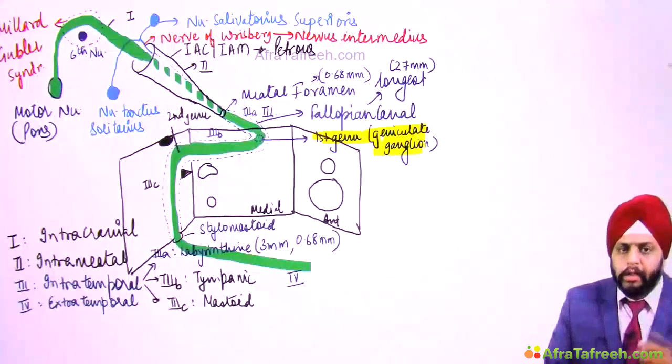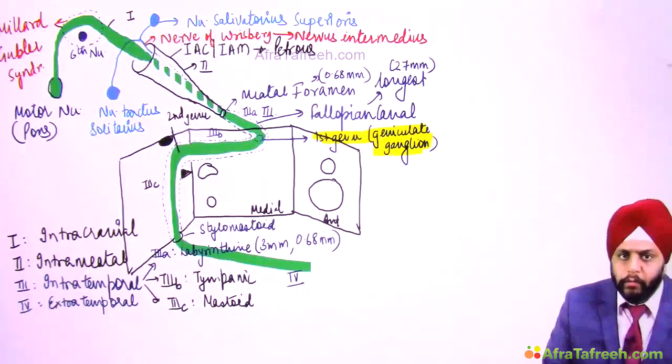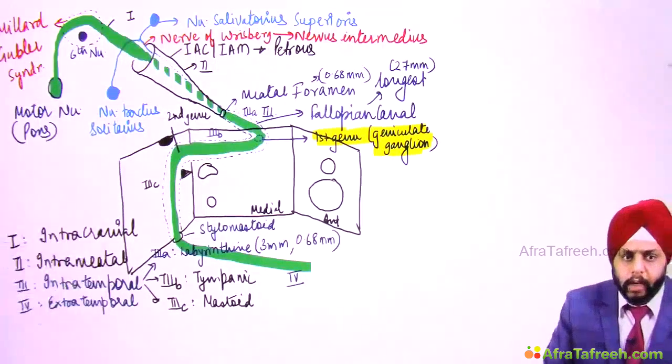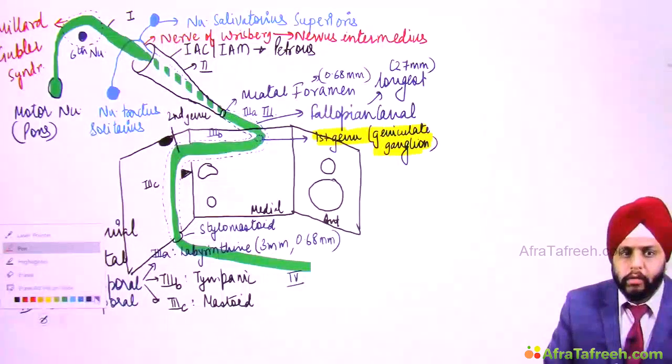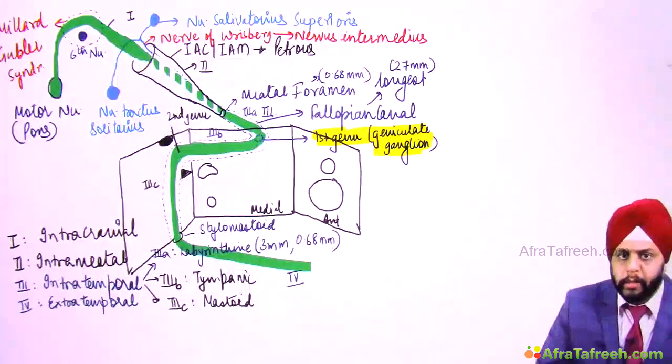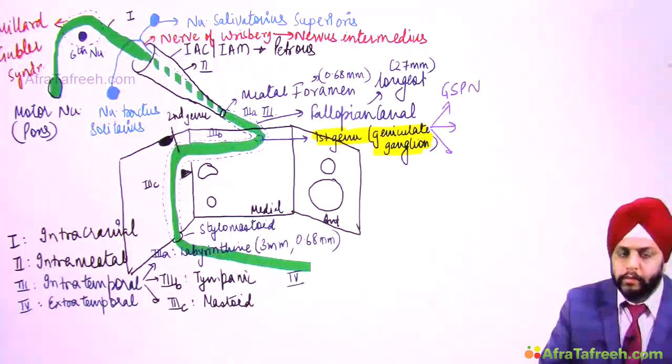At the first genu, we have the geniculate ganglion. Now, at this geniculate ganglion, we have 3 branches. Okay, so remember, 3 branches come out of the geniculate ganglion. How many branches? 3 branches. Which 3 branches? Number 1, we have the GSPN. So what do I mean by GSPN?